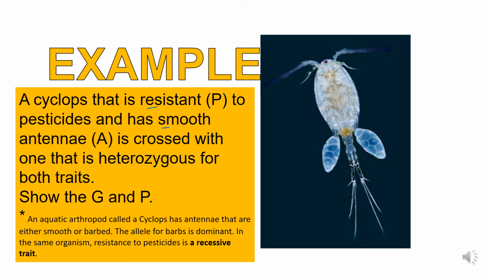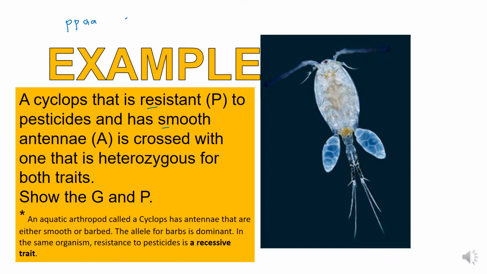So, ibig sabihin, magiging recessive ang alleles ng first parents for this one. And sabi natin, uulitin natin na magiging ma-express lang yan if both alleles are recessive. Okay? Ayan. So, ibig sabihin, yung letter natin for resistant, which is P, ay dapat naka-small letters. Right? And then for the smooth, small letter a.